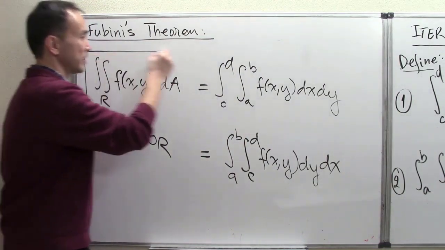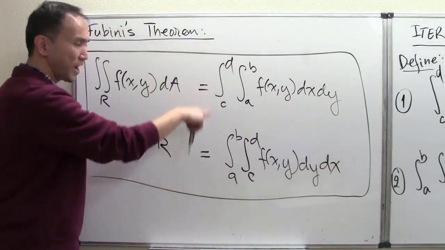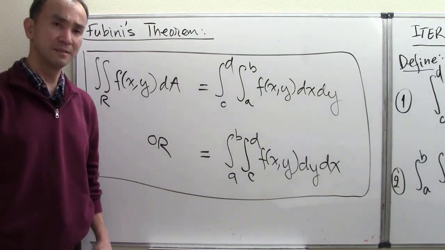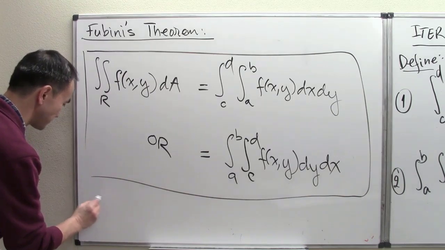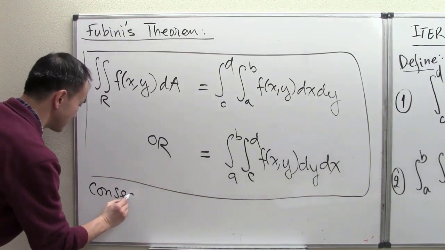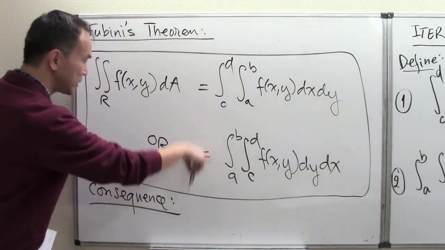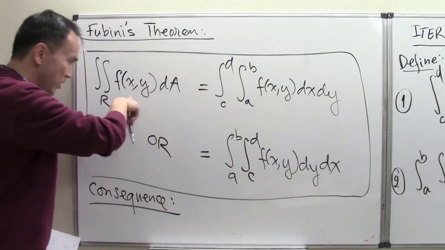That's how important it is. And so now you don't have to do both. One of these two is your choice. Any one of these choices gets us this result. So this is the way to calculate a double integral.